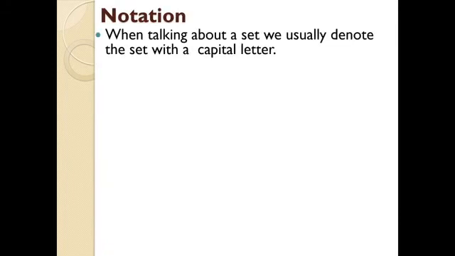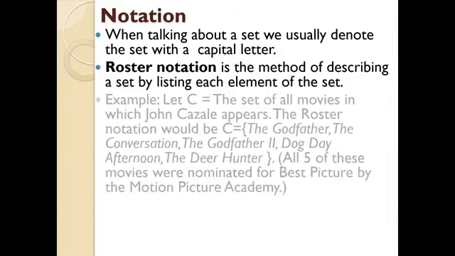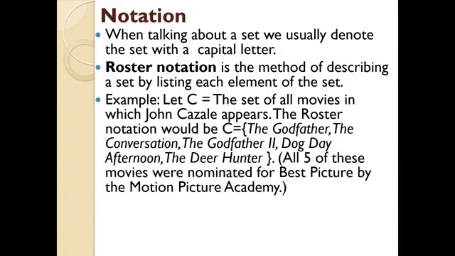Notation. When talking about a set, we usually denote the set with a capital letter. The roster notation is the method of describing a set by listing each element of the set. For example, let C be the set of all movies in which John Cazale appears.